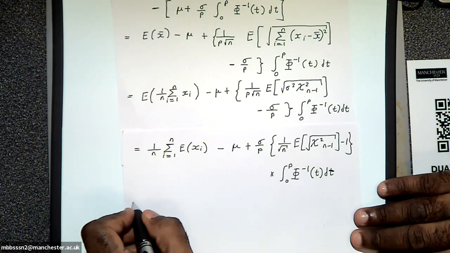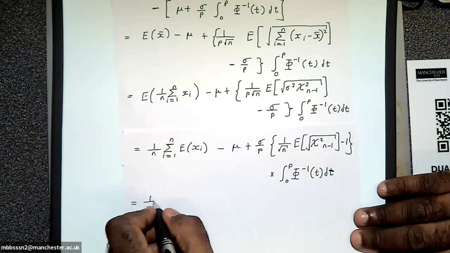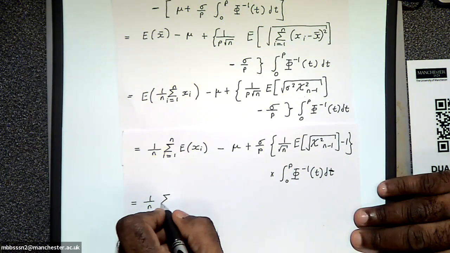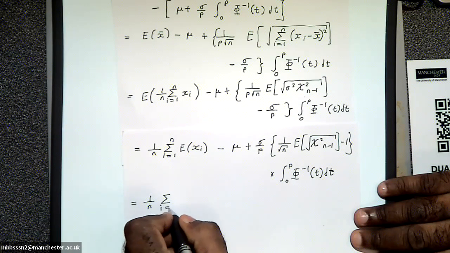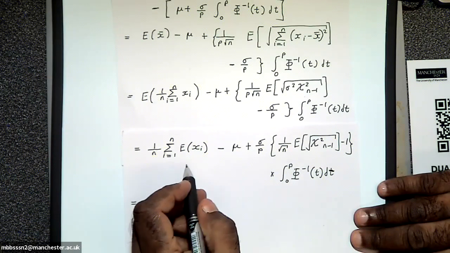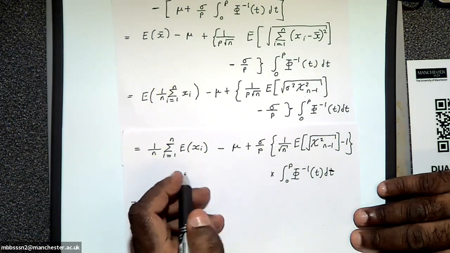Now we know that for a normal distribution, the expectation of xi is mu.